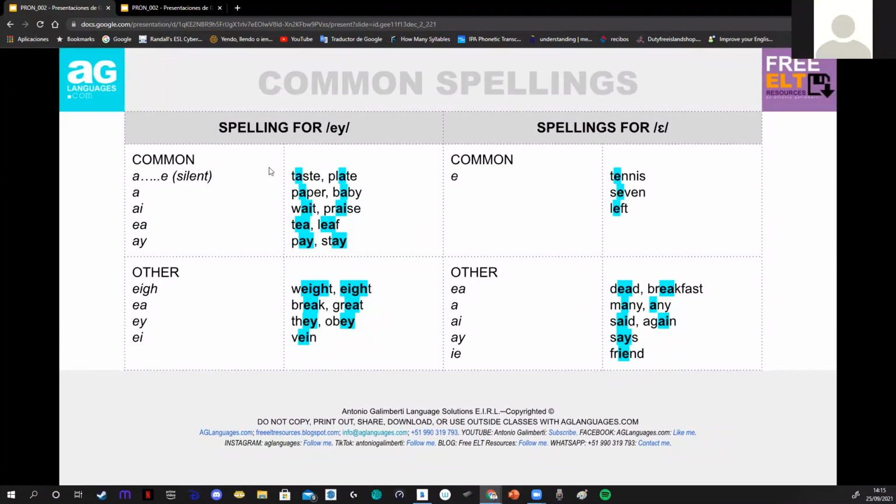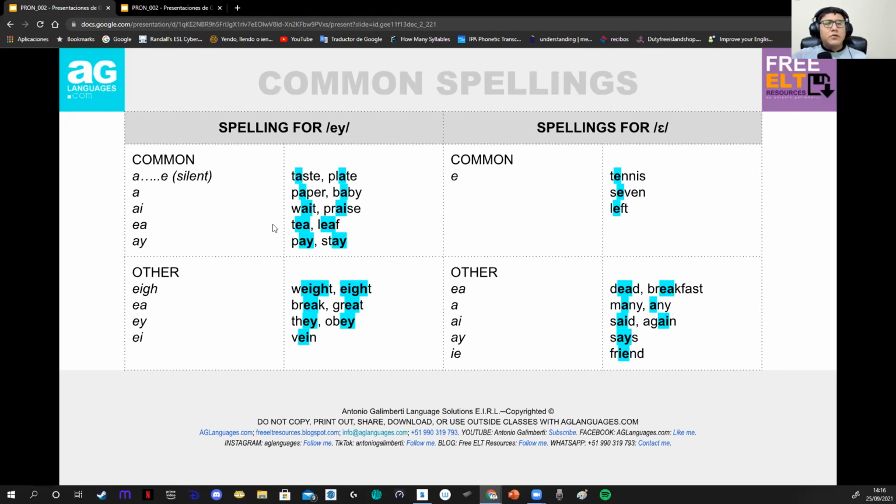With, you know, the same thing, the spelling, places where you can find the sounds, the vowels where you can find these sounds. Like, for example, an A at the beginning and then an E later. Taste, plate, or an A, paper, baby. A, and then you have I, wait, praise. E, A, T, and leave. But this is not the case.